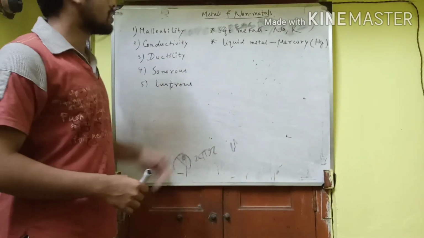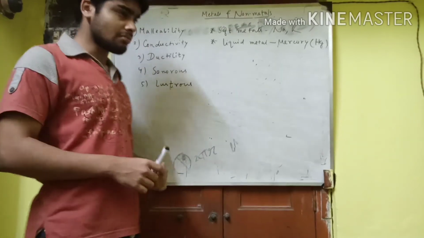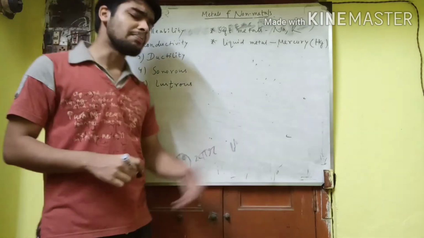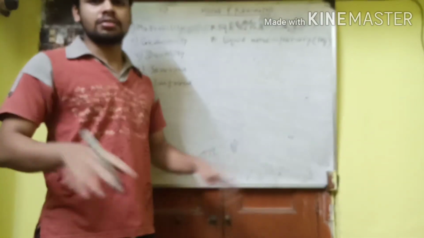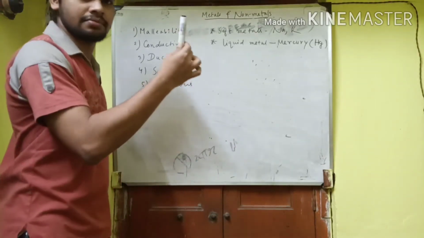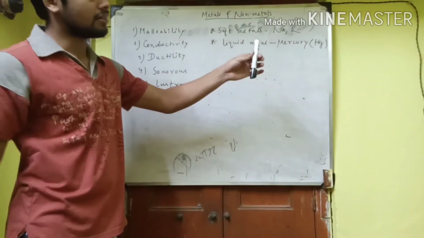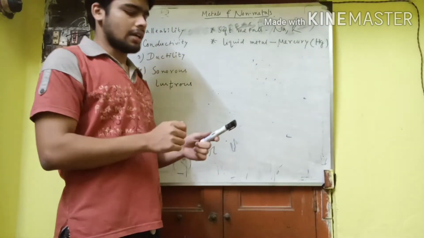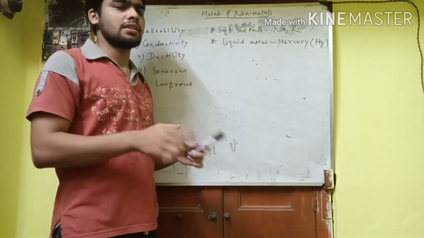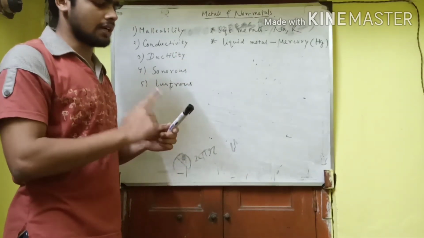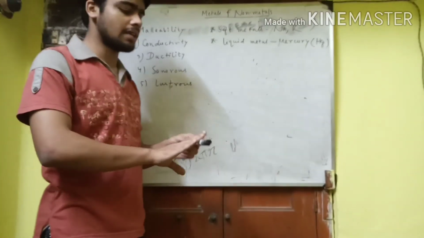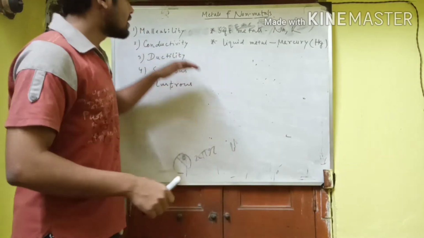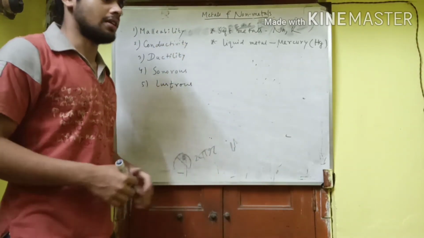Malleability is the property of an element to be made into a thin sheet. Suppose this element is cylindrical in shape, and if we beat it and it becomes a thin sheet, that property is known as malleability.